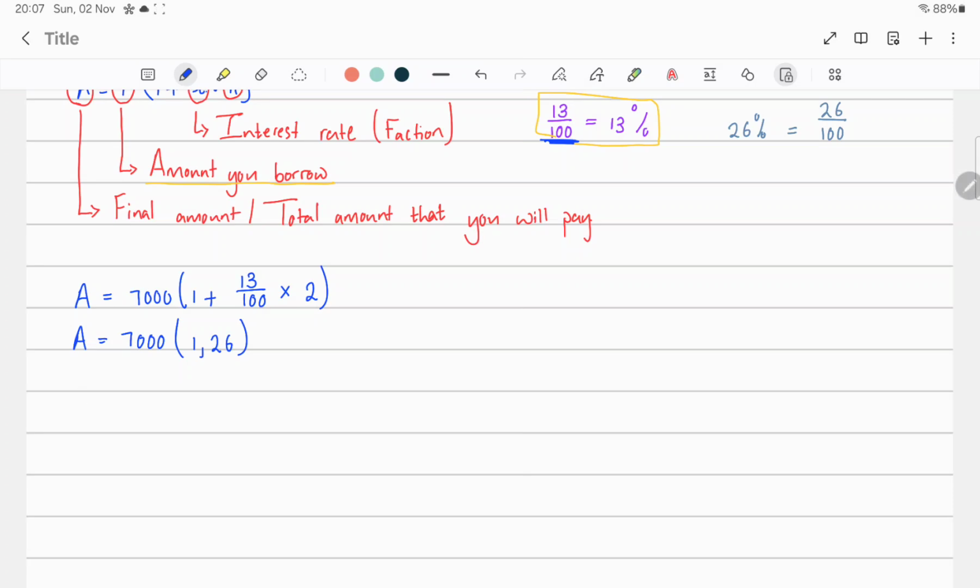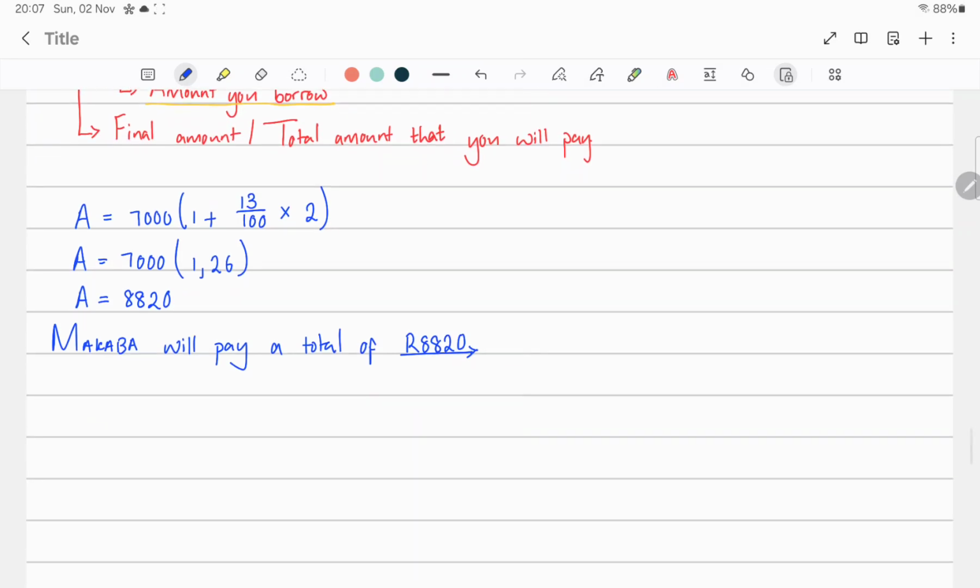We get 8,820 rands. So Makaba will pay a total of 8,820 rands.